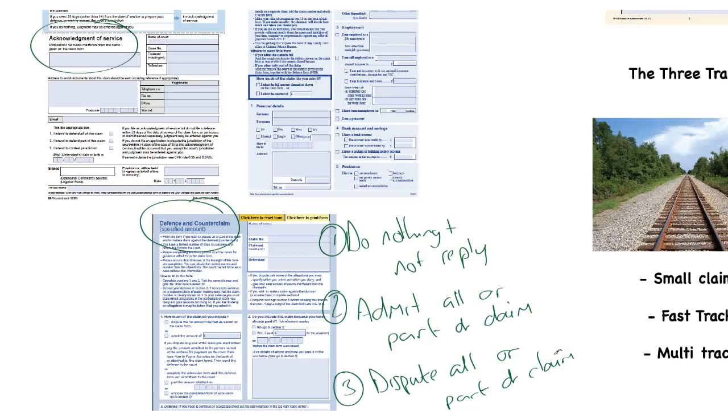So the defendant has a number of options available to them. They have to do this within 14 days. So they've got 14 days of receipt before they have to reply back to the court.